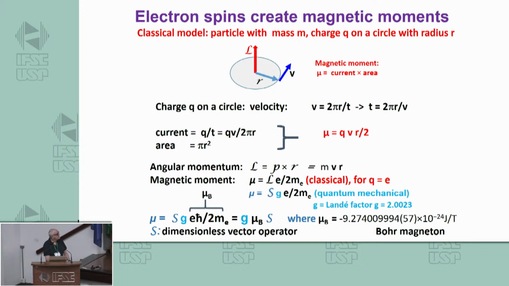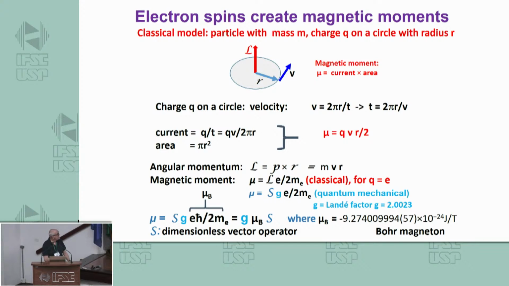So for a quantum mechanical particle, this is the result. It's actually an experimental result from the so-called Stern-Gerlach experiment, which I will tell you about soon. g turns out to be a value very close to 2.0, the so-called Landé factor.